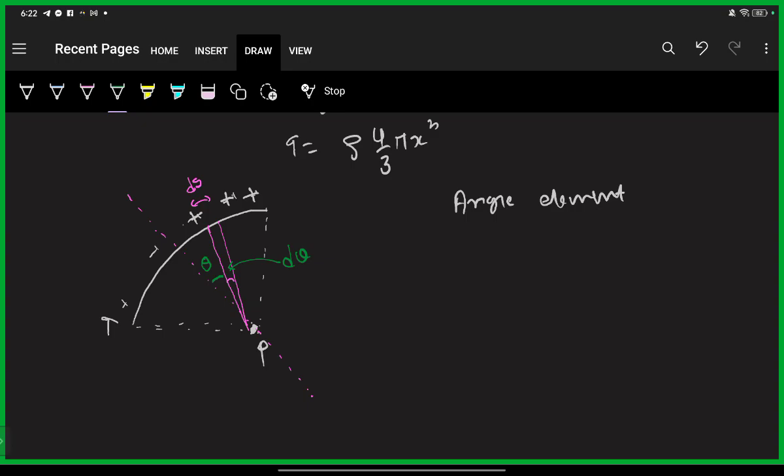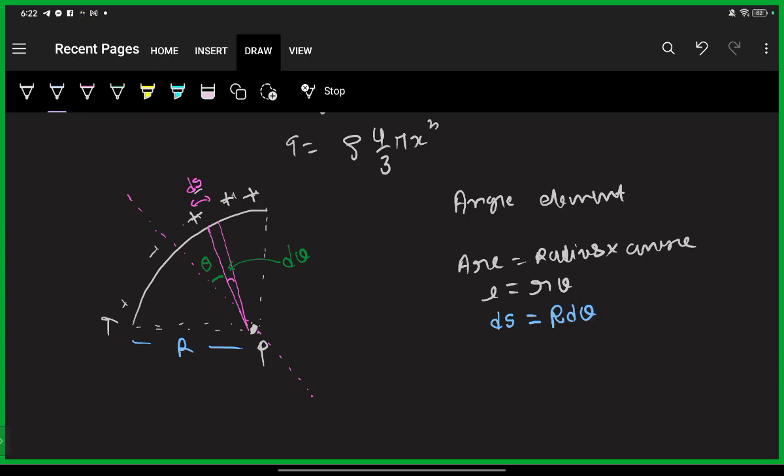So we know that arc length is given by L is equal to r theta, right? Radius multiplied by angle. For this ds, let's say this is r distance, radius. So r into d theta. So you can actually write ds in terms of theta angle, right?